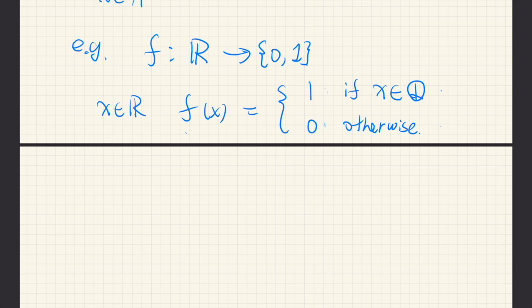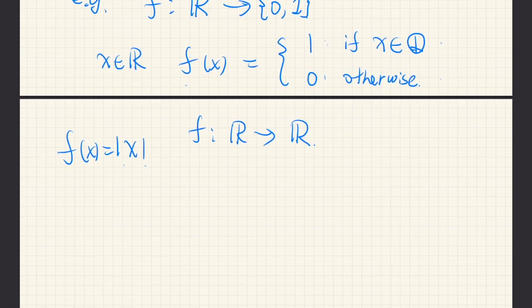Here's another example. You know the absolute value of x, right? This is also a function. We can write it like this: f of x is the absolute value of x, and f is from real numbers to real numbers. So what is the definition of the absolute value of real numbers anyway? If you remember, this was defined in this way.